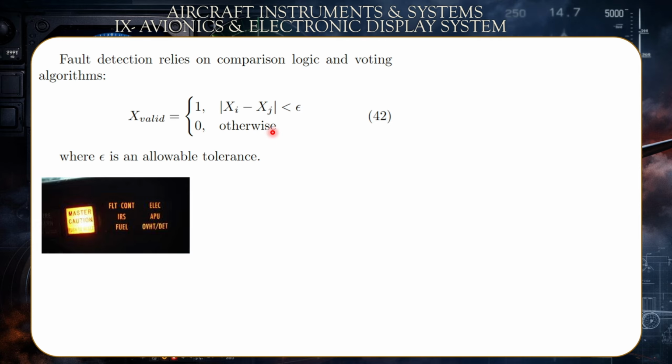In case the difference between the two measurements is much larger than this epsilon value, which is a small, tiny, acceptable gap between the two measured quantities, if it's larger than epsilon, then the measured entity should not be taken into consideration and the value should be rejected.